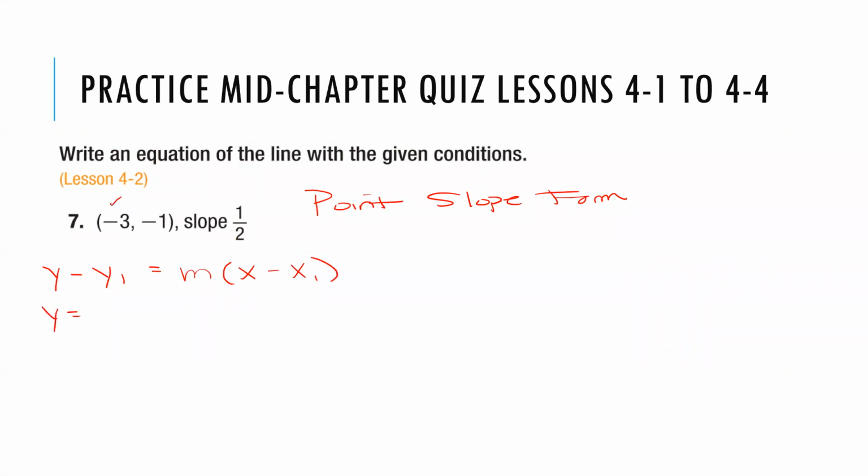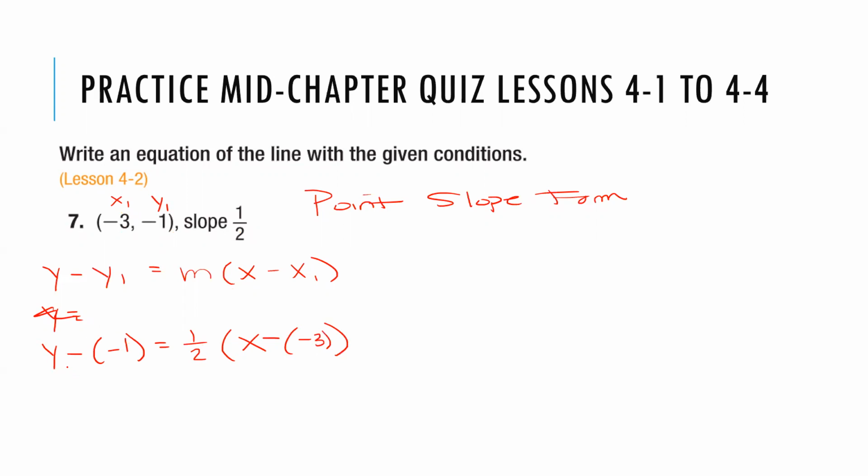So this is your x1 value, and this is your y1 value. So this is y minus y1, which is -1, is equal to the slope we told you is 1/2, x minus x1, which is -3.